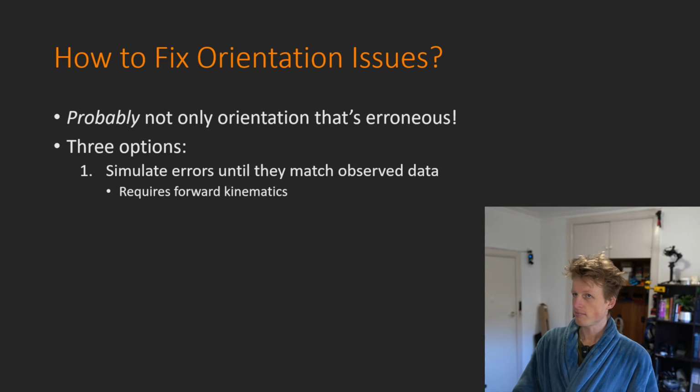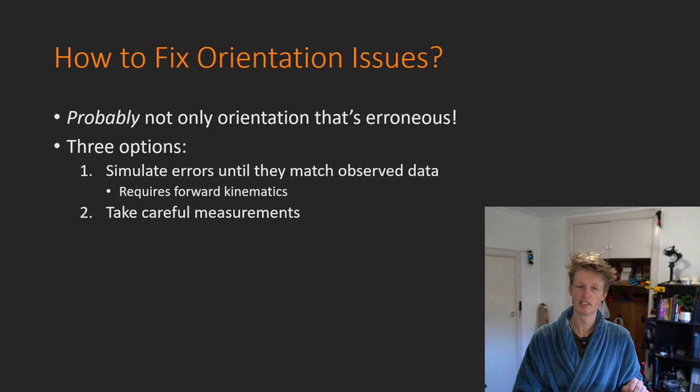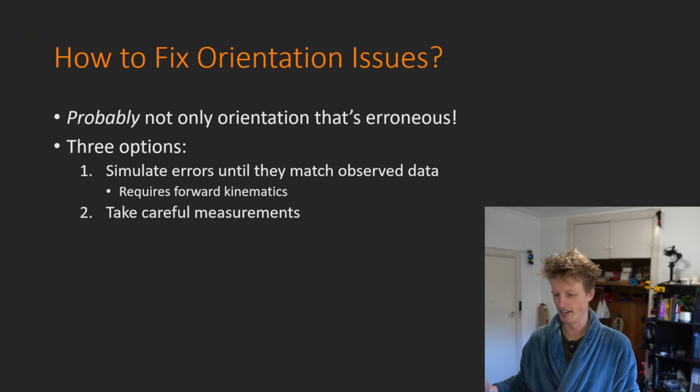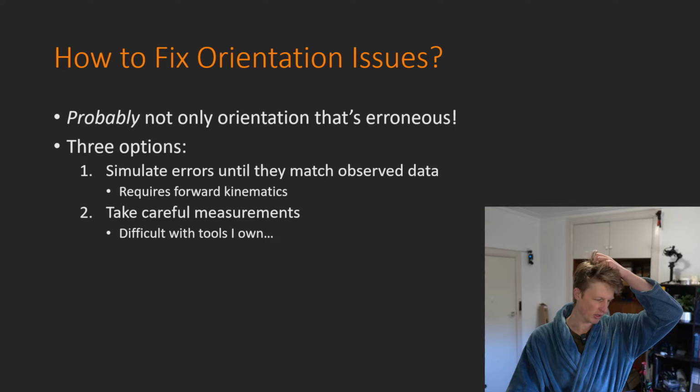The second option is to take really careful measurements of the actual robot and just go around and measure everything that I need to measure and try to get a good idea of where things actually are on the actual robot. But this is a little bit tricky with the tools that I own, because the most precise linear measurement tool that I have is my Mitutoyo calipers, which have a range of about 200 millimeters.